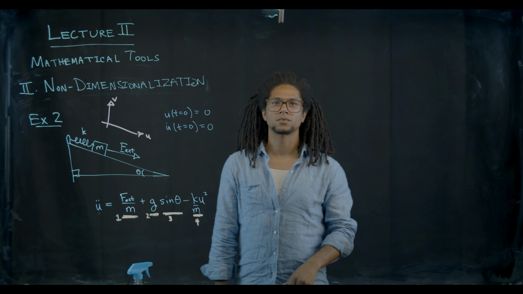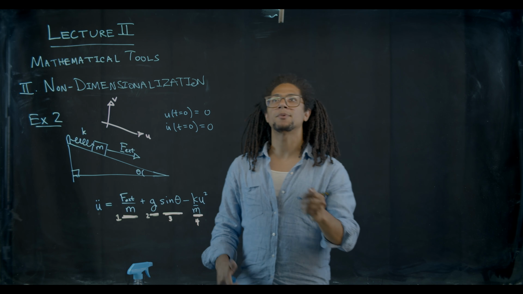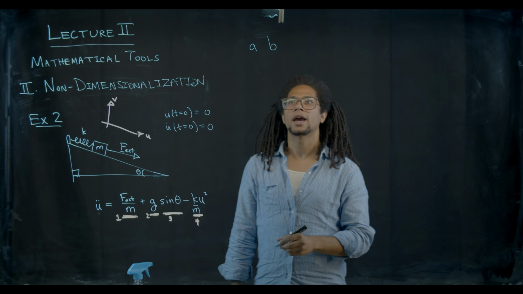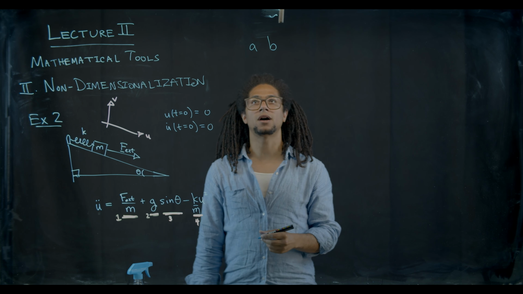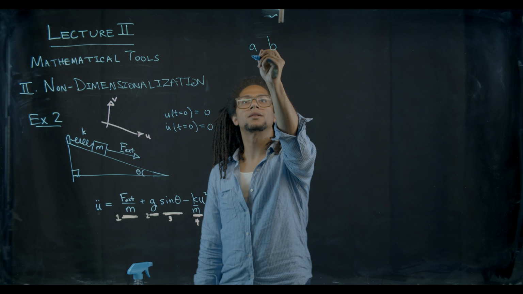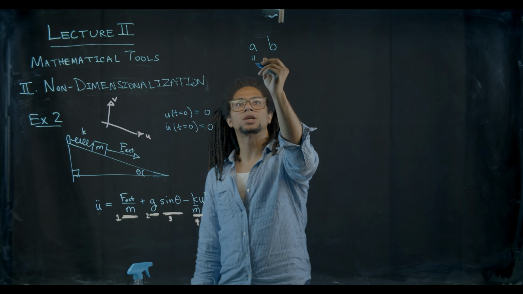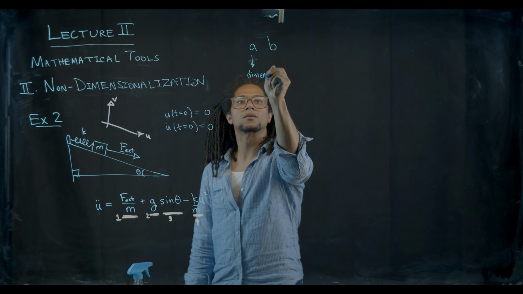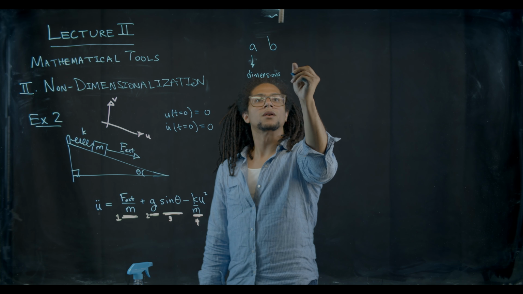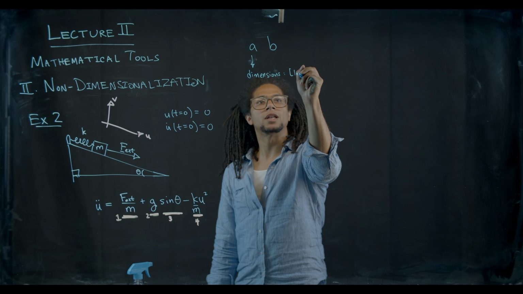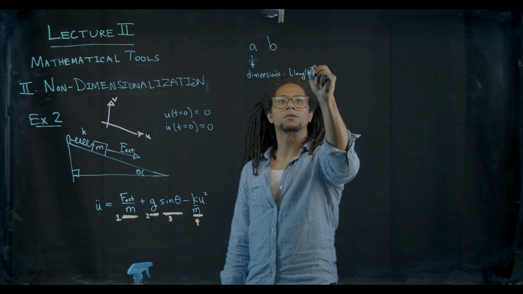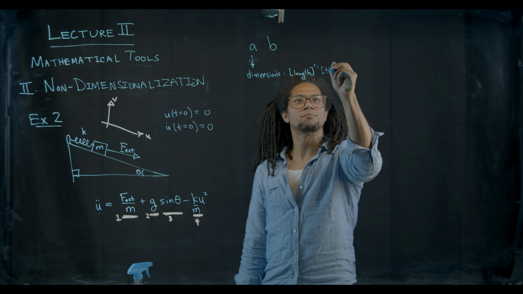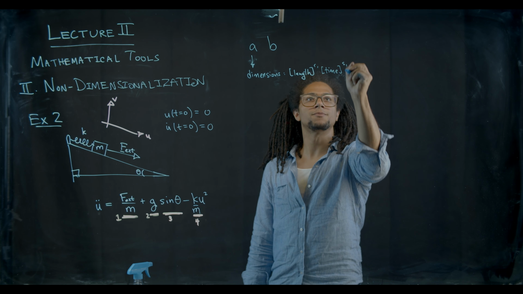Good. Well, let's think in general about what happens if we have a constant a and a constant b. Suppose that a has dimensions of length to the r1 times time to the s1.